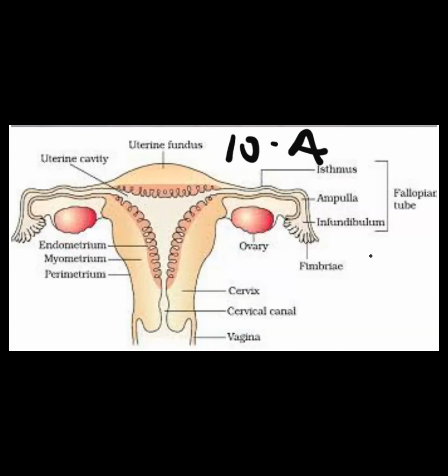The part of the oviduct closest to the uterus, that narrow region, is known as which one? Isthmus. A wider part next to isthmus is termed as ampulla. Actually, it's a site of fertilization, the ampulla, particularly closer to the isthmus-ampulla junction. That part of ampulla is the site of fertilization.